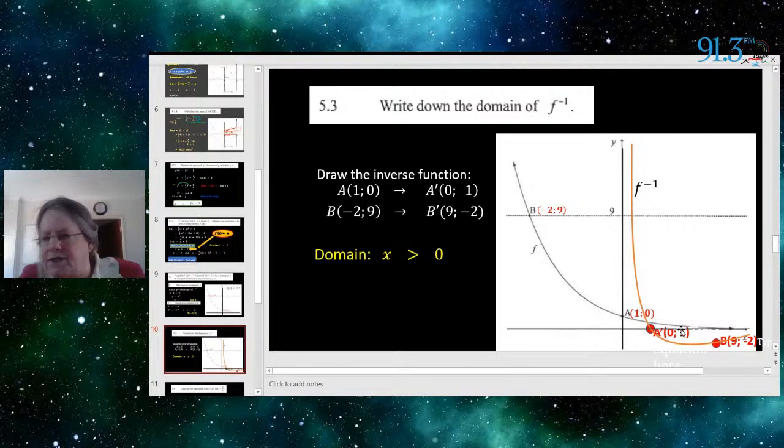So if we put this on our graph, we will see B is a little bit obscured down here, but it's down here, 9, negative 2. And if we plot the 0, 1, it's over here. Now comes something again that you need to learn and need to know, is that your log function can only have positive values.